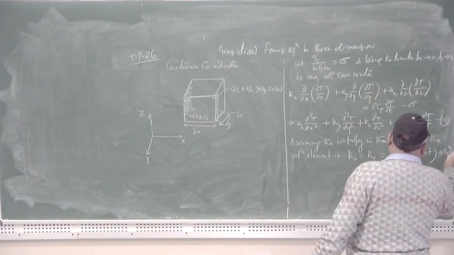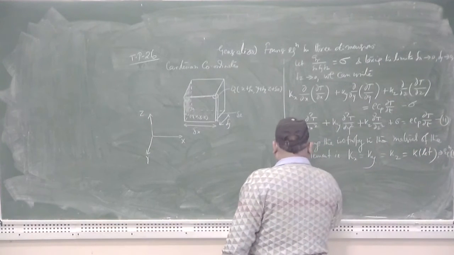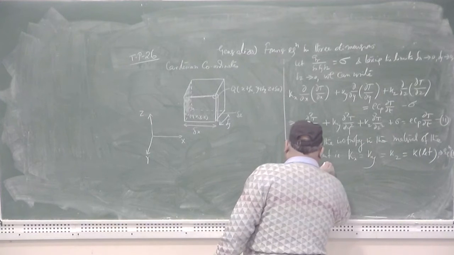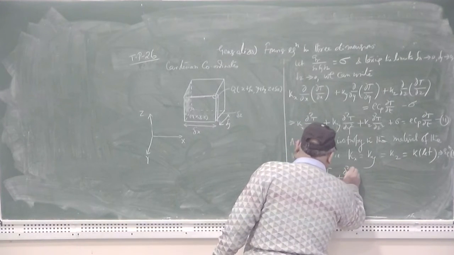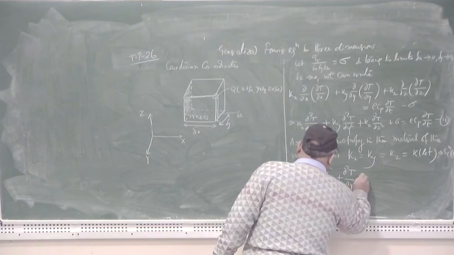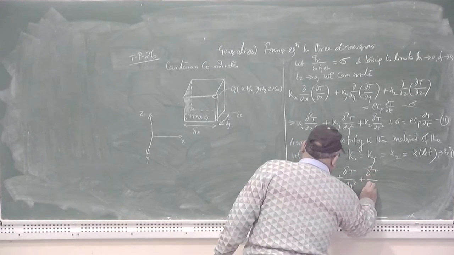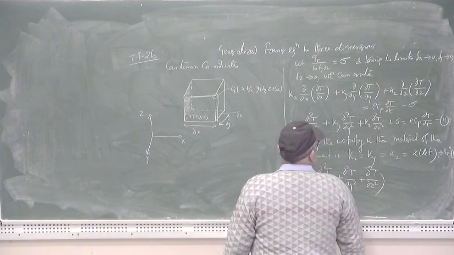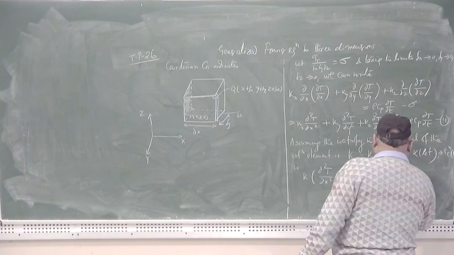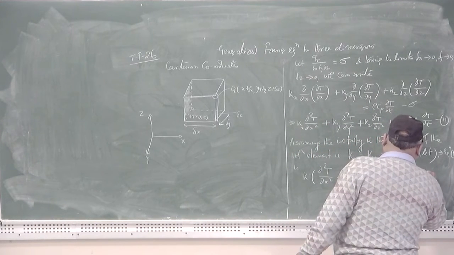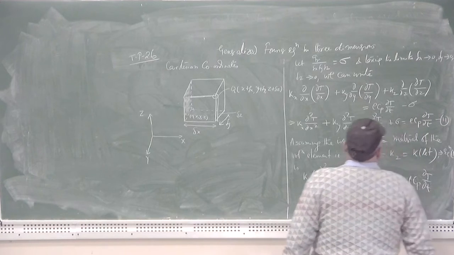So equation number 11 now takes the shape k times del 2T upon del x2 plus del 2T upon del y2 plus del 2T upon del z2, plus sigma, that should be equal to rho Cp del T upon del t.